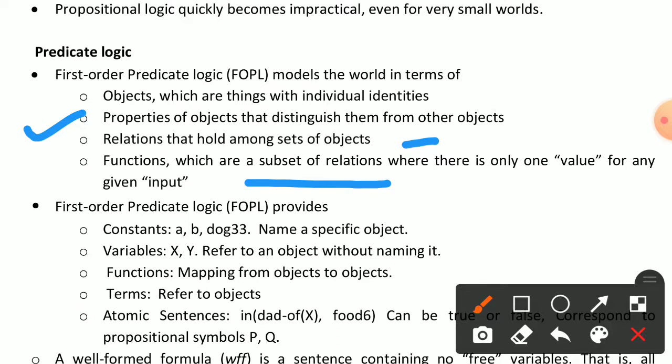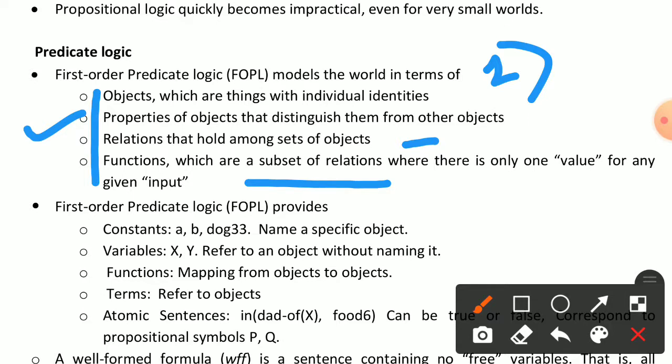From the input we can find out the output. So in predicate logic, first is FOPL models the world in terms of. In the world we can use different terms like these four.